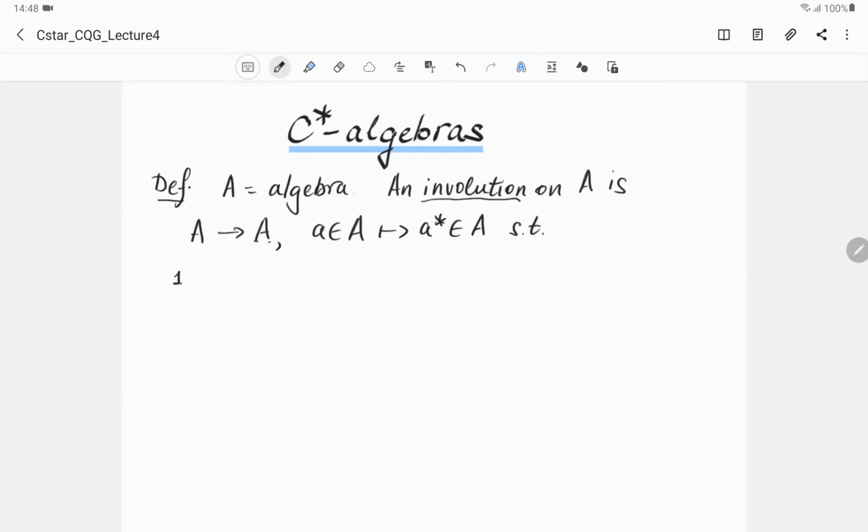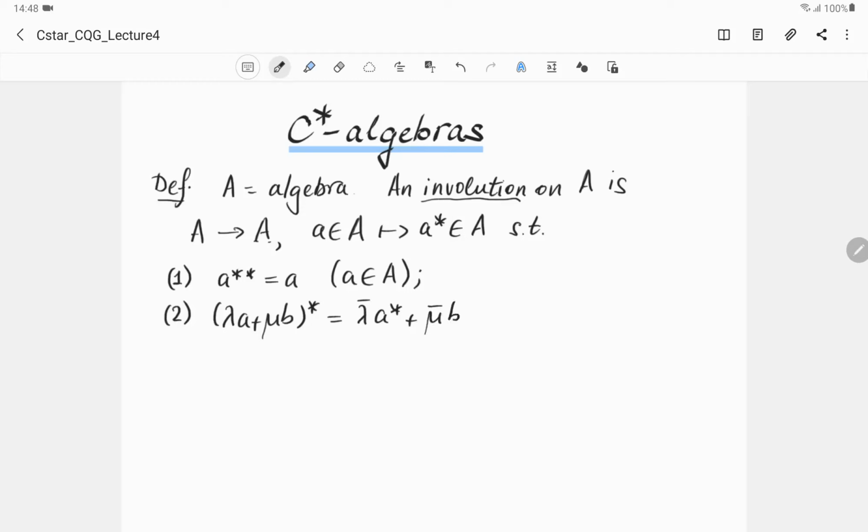First of all, it is an involution in the usual set theoretic sense. That is, if we apply it twice, then we get the identity map. Second, this map is antilinear, in the sense that if we take the linear combination of two elements and then apply our involution, we obtain a linear combination, but with complex conjugate coefficients. Here, lambda and mu are complex numbers, and A and B are elements of our algebra.